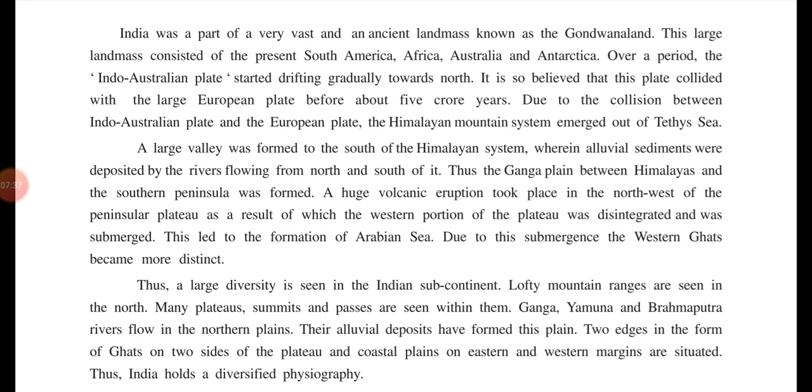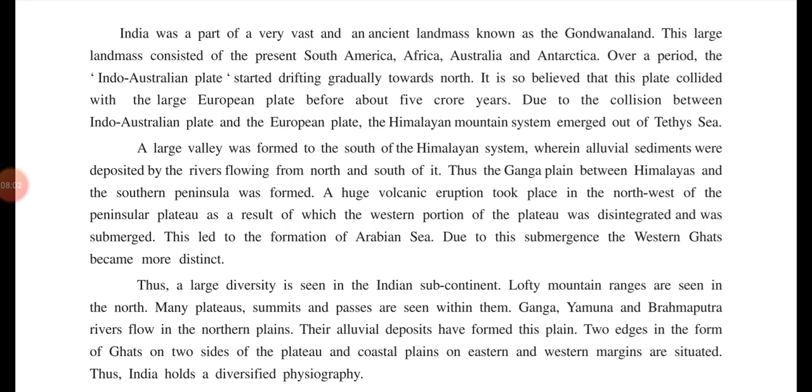Thus a large diversity is seen in the Indian subcontinent. Lofty mountain ranges are seen in the north, as we have seen earlier. Many plateaus, summits, means mountain tops, and passes, means ghats, are seen with them.